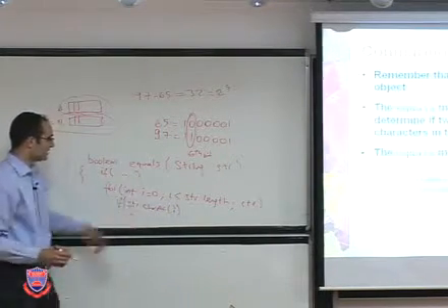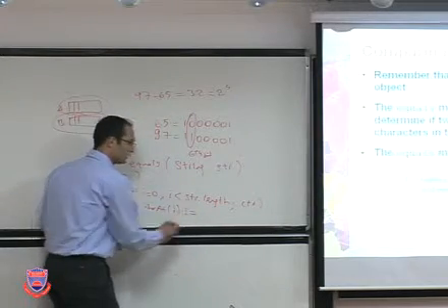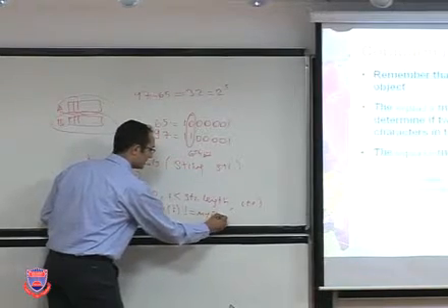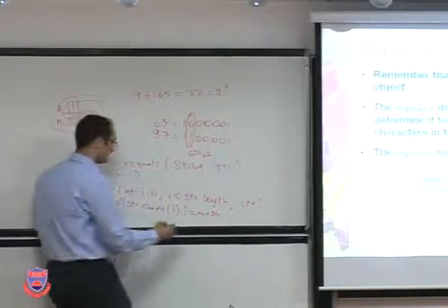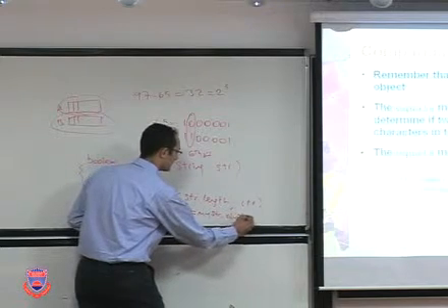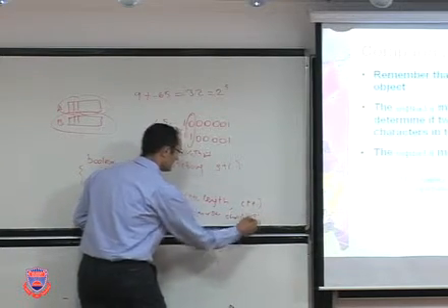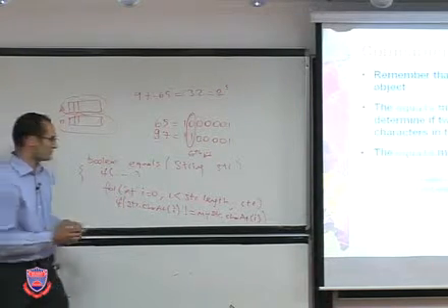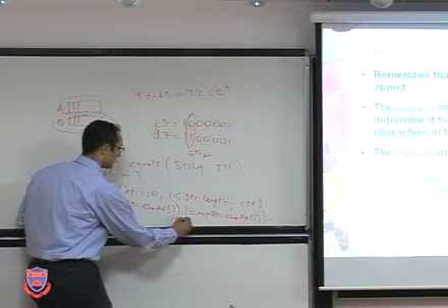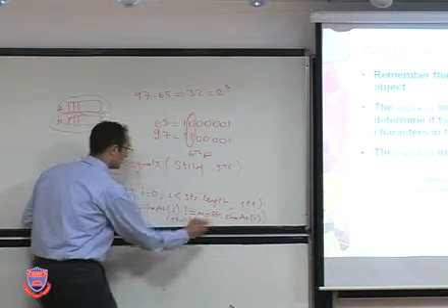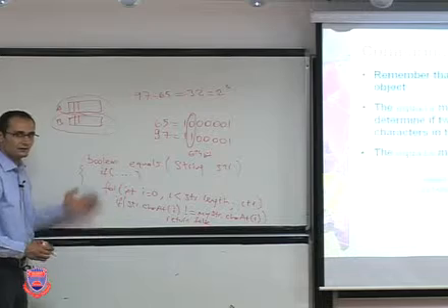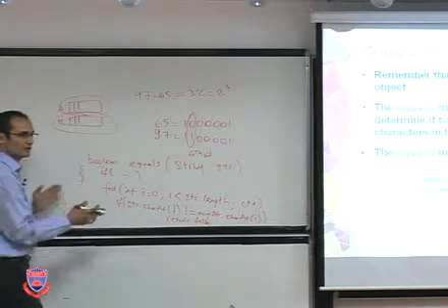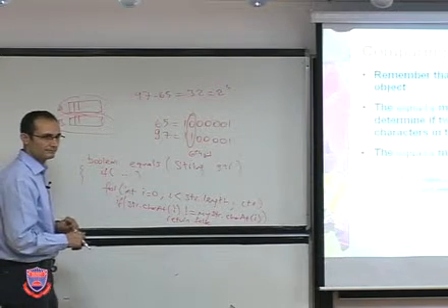If this str charAt(i) is not equal to my object's str charAt(i), I'll say, oh, I found a different character, so I'll just return false. Otherwise, if everything goes fine, I will just return true at the end, saying that all the characters matched, so they must be equal.